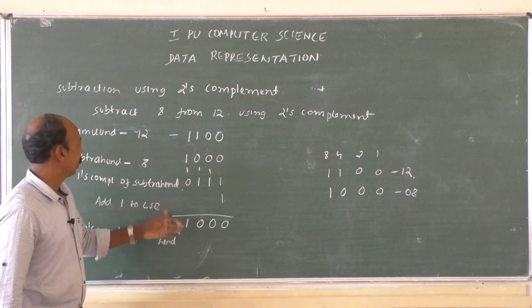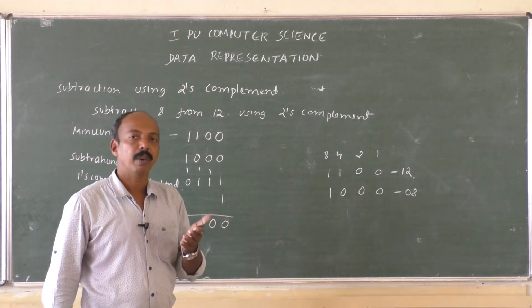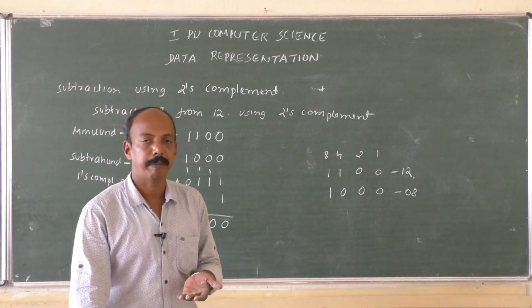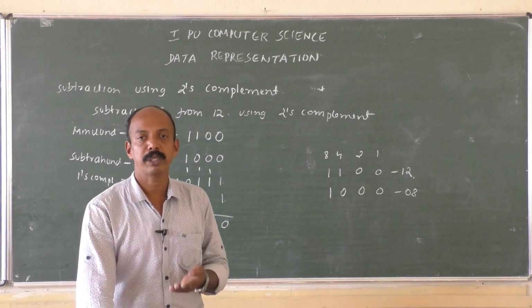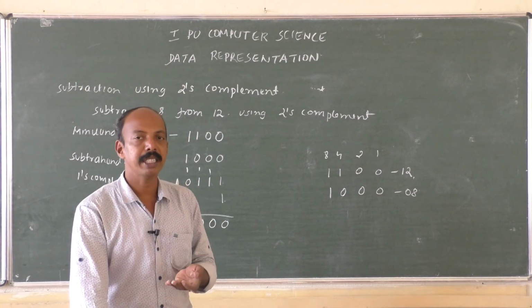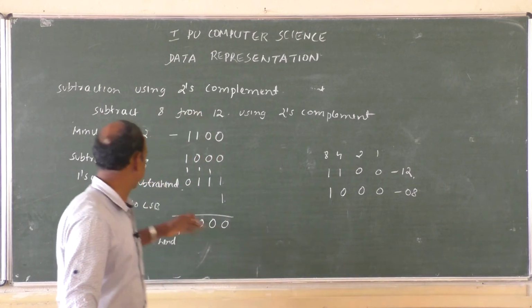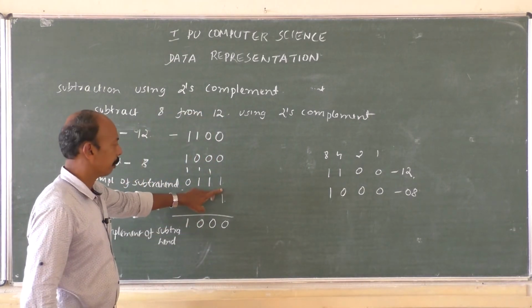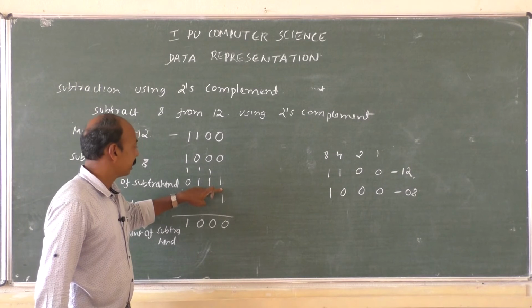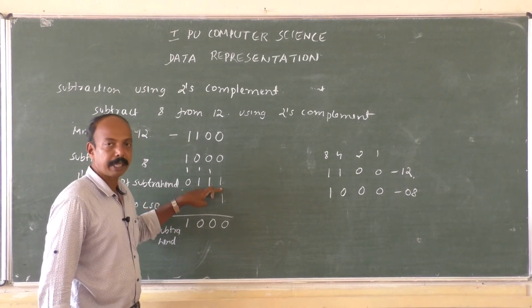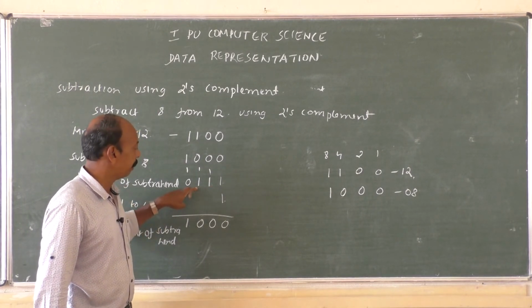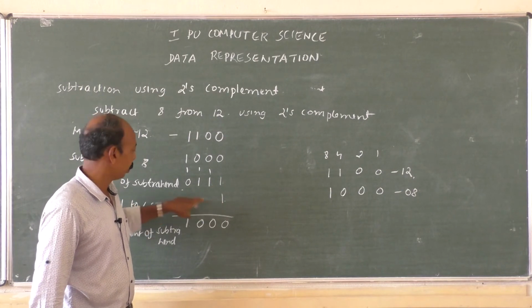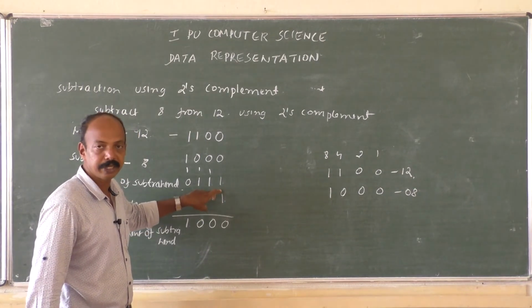Hope that's understood. In the previous case, we took the 1's complement of the subtrahend because the subtraction was using 1's complement. In this case, it is subtraction using 2's complement. Till here it was the same, but we have to convert that subtrahend to the 2's complement of the subtrahend. After taking 1's complement, add 1 to the LSB, the least significant bit.